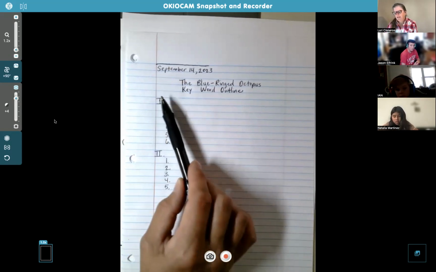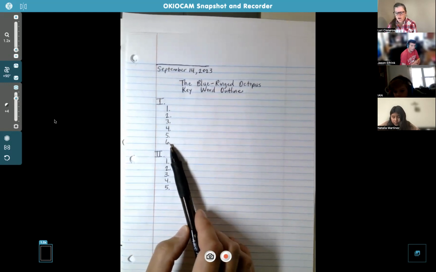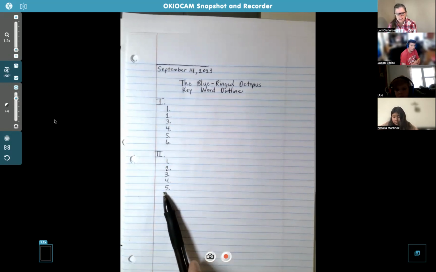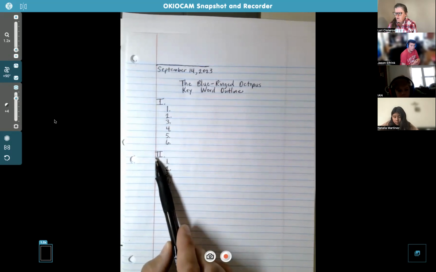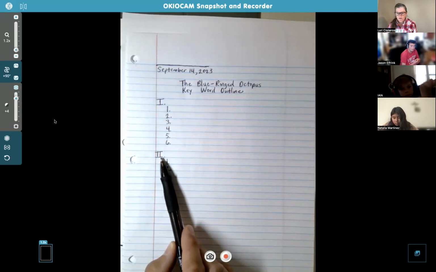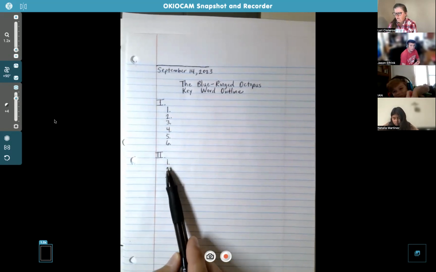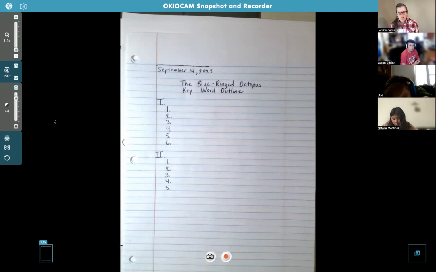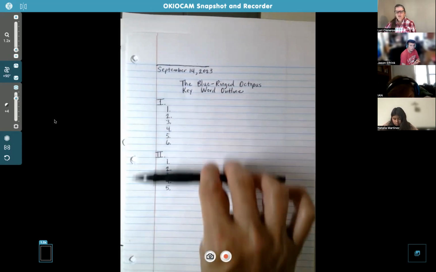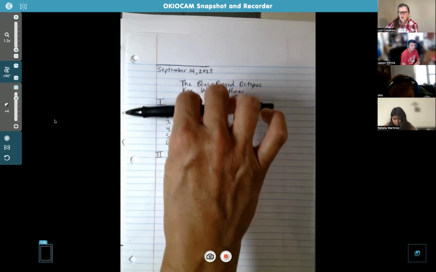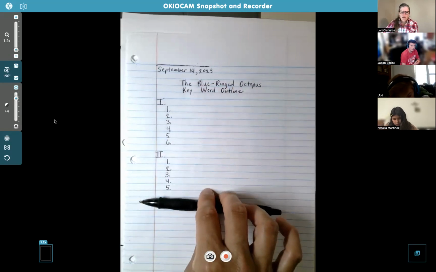So there's 7 sentences total for the first paragraph. The second paragraph has 6 sentences. So this is Roman numeral 2 representing the first sentence. And then you have 5 more making 6 altogether. So each sentence is represented here by either a Roman numeral or a regular Arabic number.